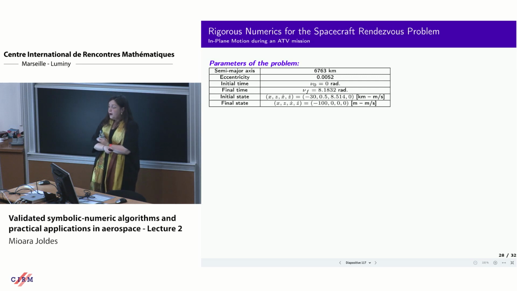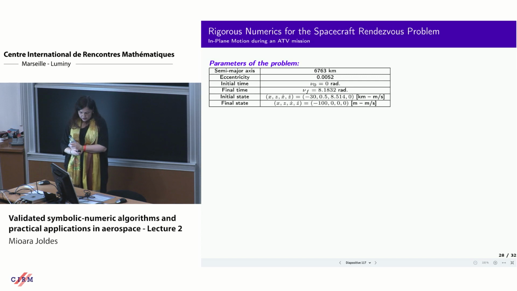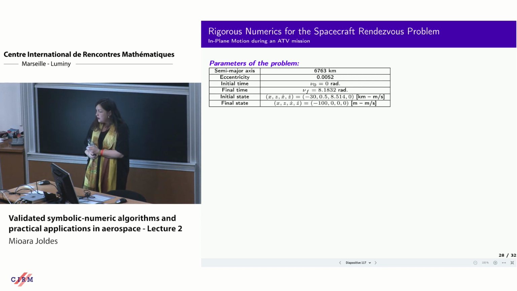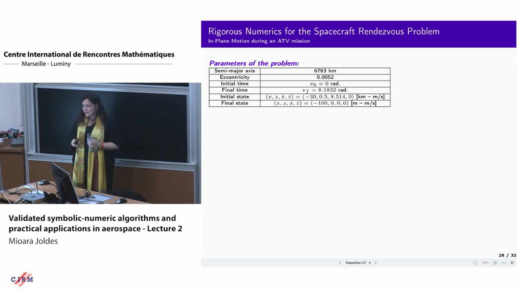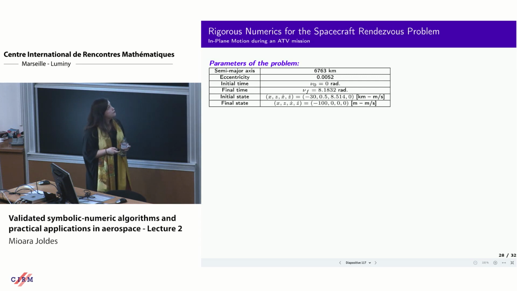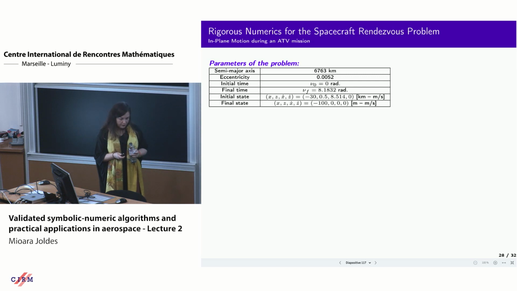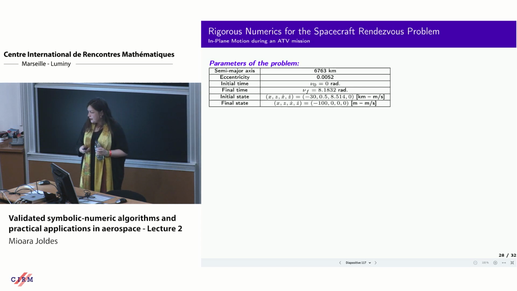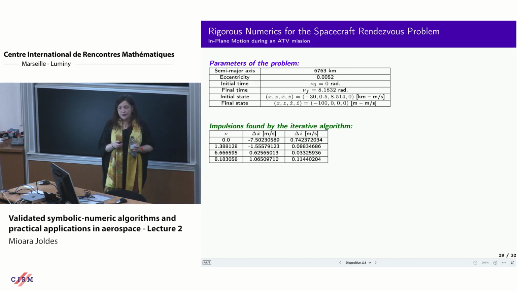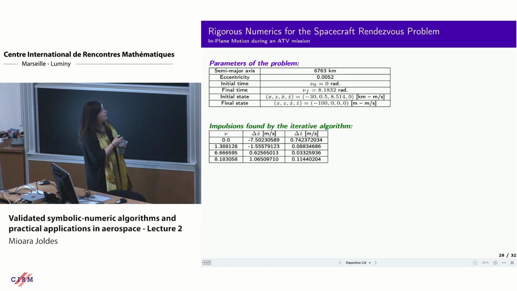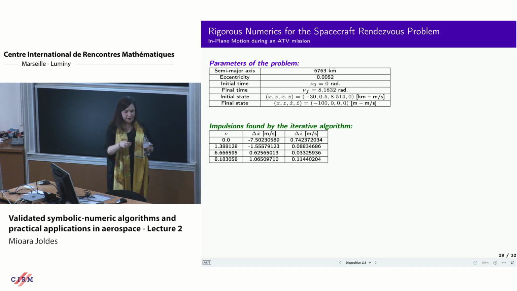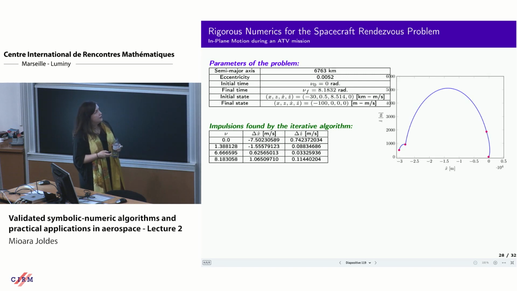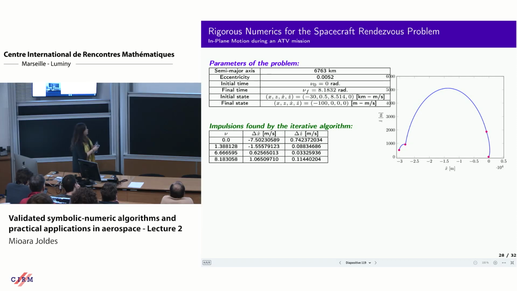So for the examples that I showed with the rendezvous problem, now a more realistic example. This is for a real rendezvous, a supply mission for the ISS, I guess. These are the impulsions where we have to fire our engines, and this is the numerical solution that we obtain in the orbital plane, the xz plane.